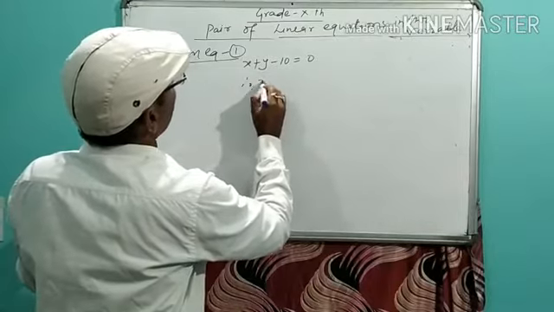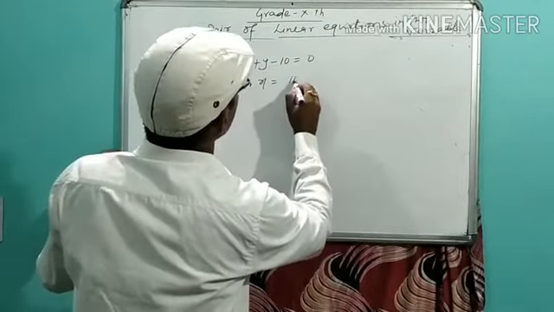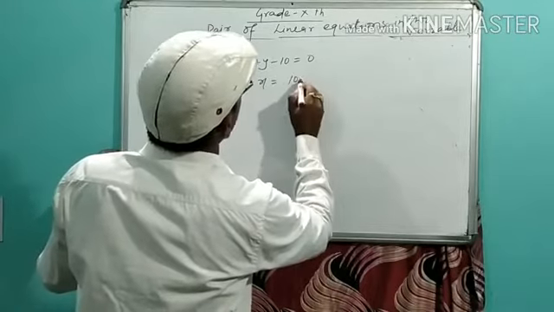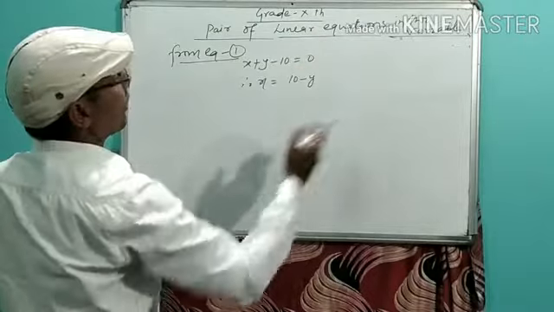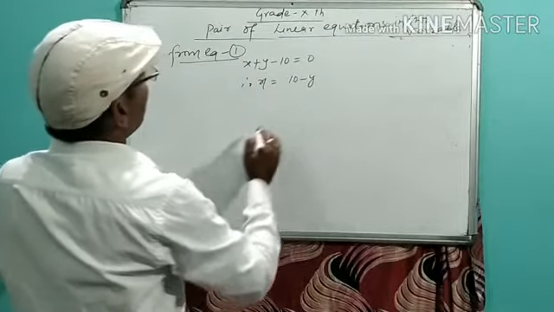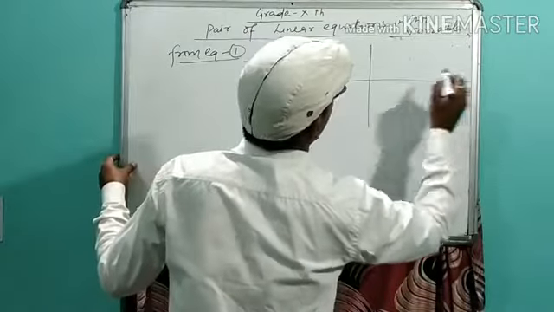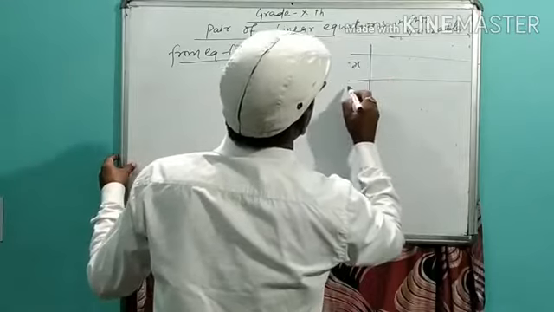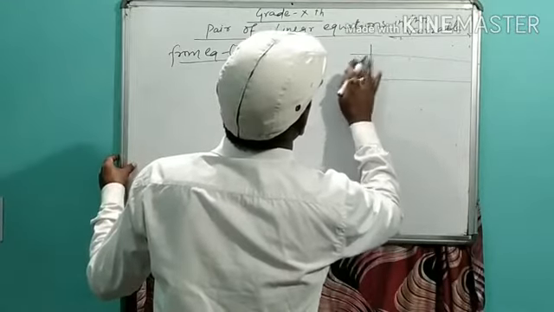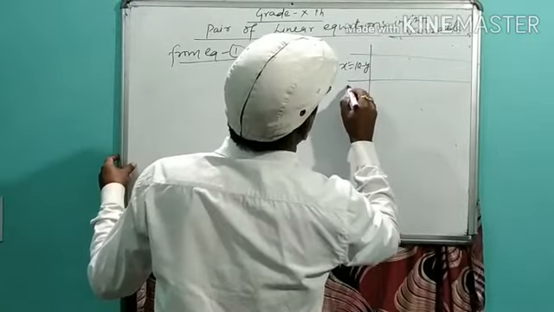Therefore x is equal to 10 minus y. You can shift both terms to the right side. Now I have to take here x is equal to 10 minus y, and here is y.